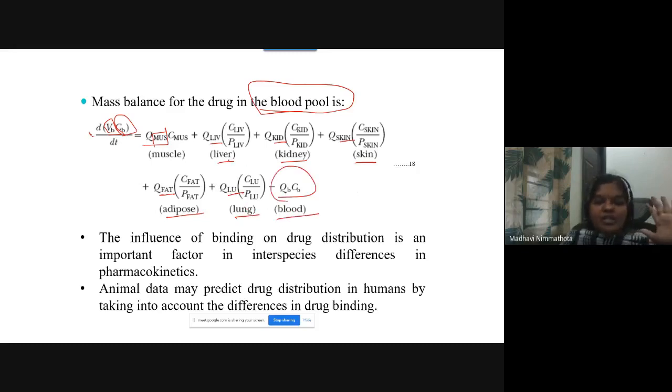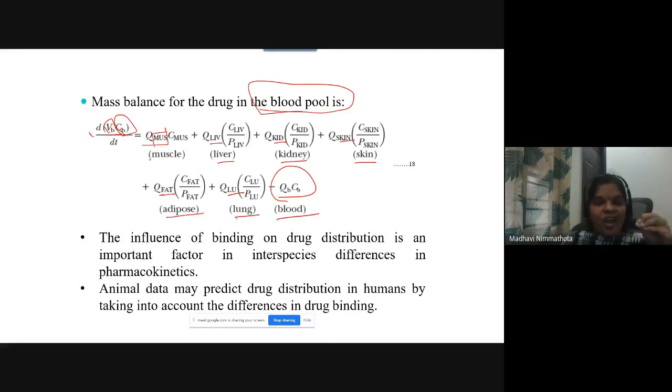So this physiological pharmacokinetic model is the simplest model. Here we are assuming that our drug, which is intended for oral use, can be deposited between the compartments like our organs or tissues.